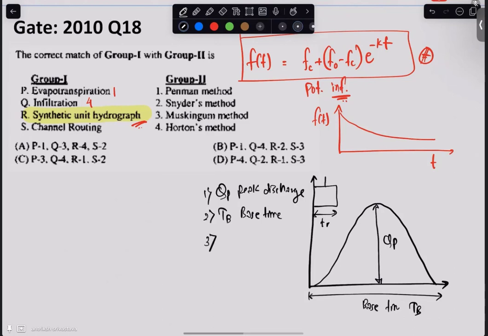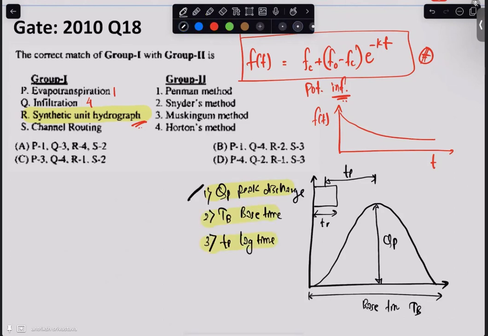And third one, we have lag time. Lag time. So we use these three parameters to actually get the synthetic unit hydrograph.